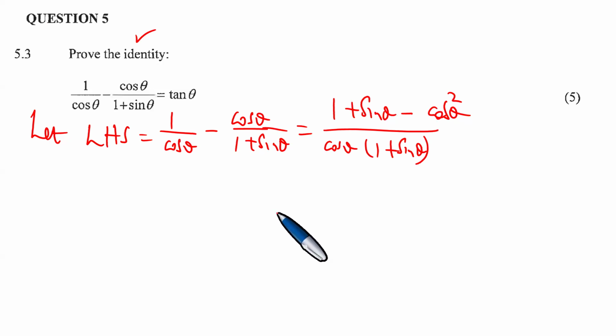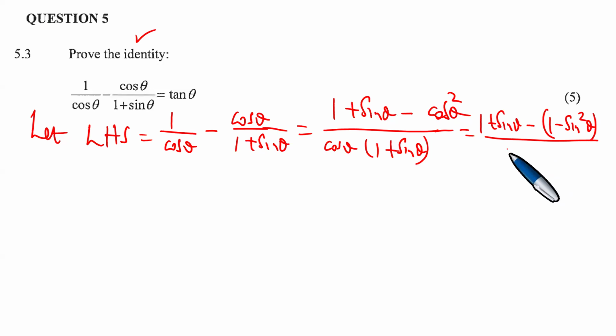And what is the meaning of this here? So this is 1 plus sine theta minus the cosine squared theta. Cosine squared is 1 minus sine squared theta. You divide everything by cosine theta into 1 plus sine theta.